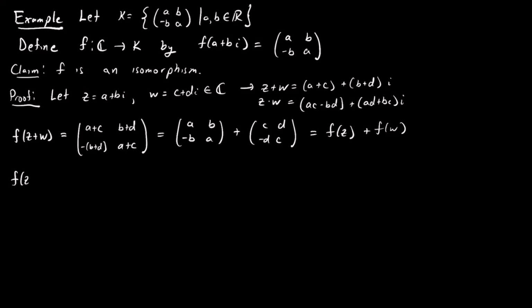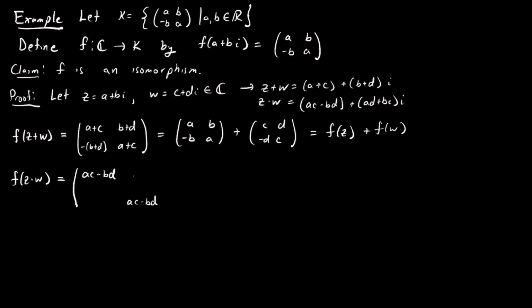If I do f(zw), this matrix is a bit messy, right? Because I have to take the real part, ac - bd, and put it on the diagonal. So it's going to be ac - bd and ac - bd. And I have to take the imaginary part, ad + bc, and put it on the 1,2 entry, and its negative on the 2,1 entry.